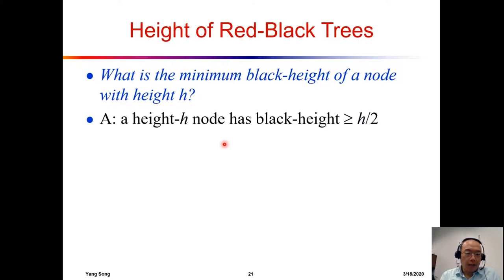Okay? So let me come back. So the height h node has the black height to be at least h divided by 2. That is, the black height is greater or equal to the height divided by 2. So what does this mean? We have to come back to this example again.